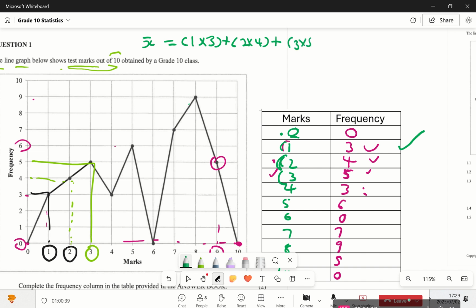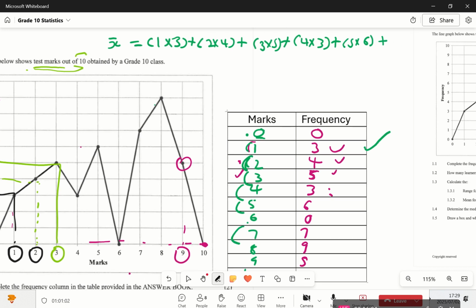If you are good at maths, you can just put 15. Then this 4 times 3. Then the next one, 5 times 6, that's 30. The next one, 6 times 0, you don't have to put it. Then 7 times 7.